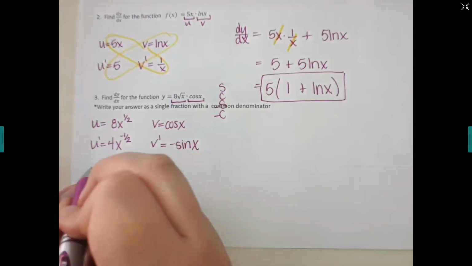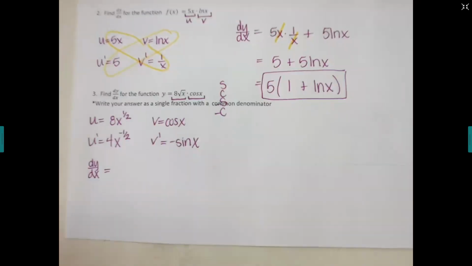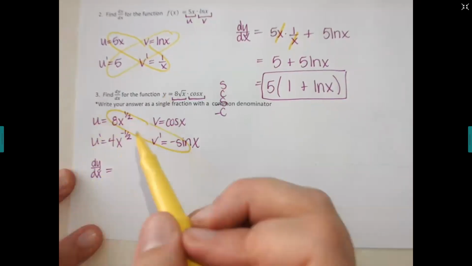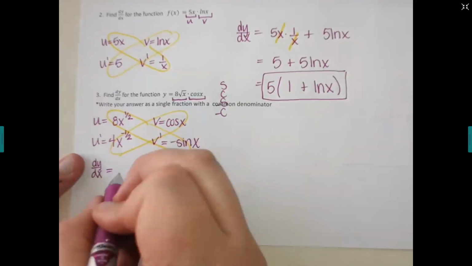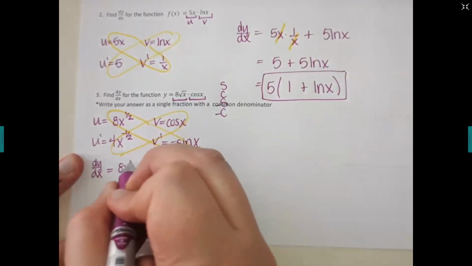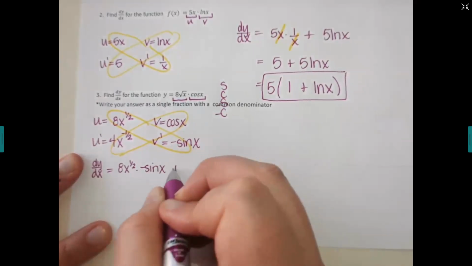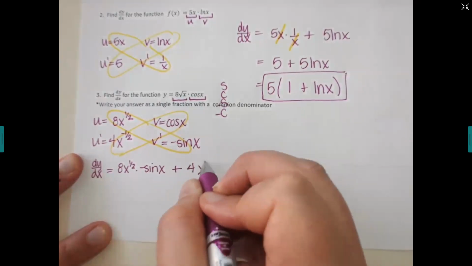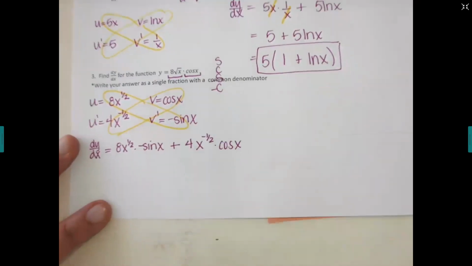So I'm going to do dy dx equals this plus this. Okay, so I have 8x to the 1/2 times negative sine x, plus 4x to the -1/2 cosine x.